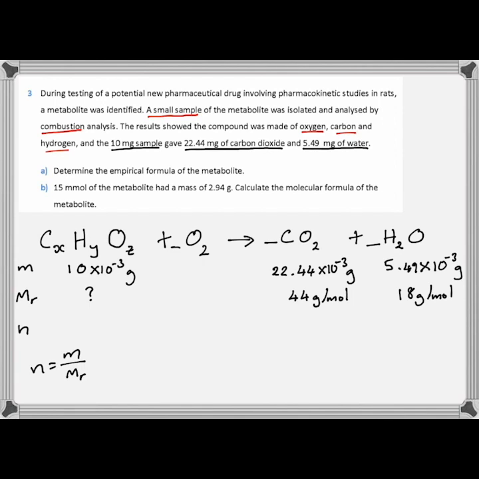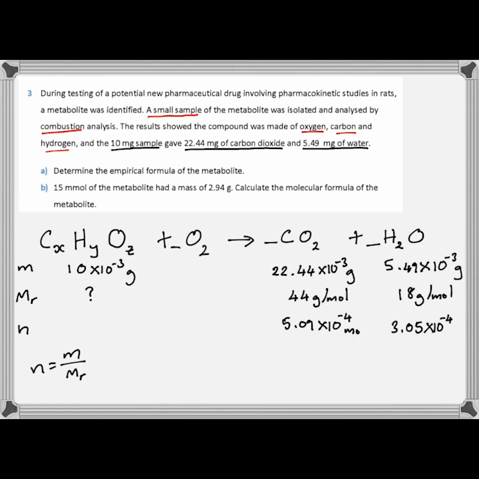Now, in a calculator, if you plug this in, you're going to get the following. For carbon dioxide, it gives us 5.09 times 10 to the minus 4. And for the water, it gives us 3.05 times 10 to the minus 4 moles.